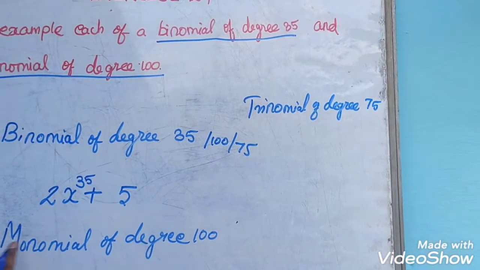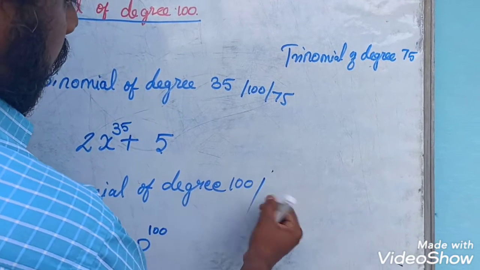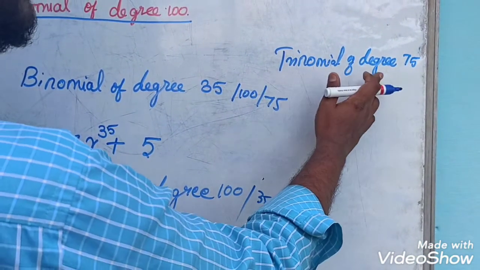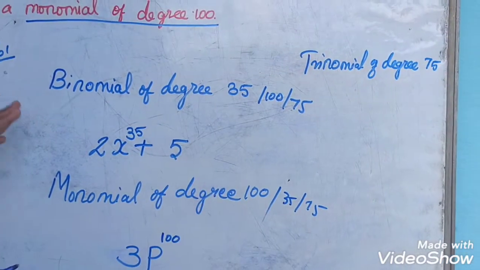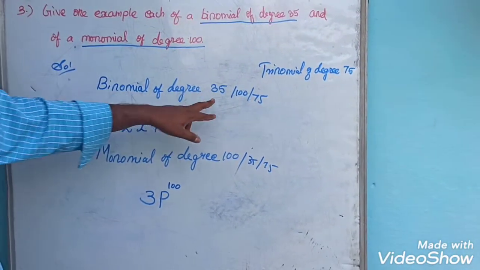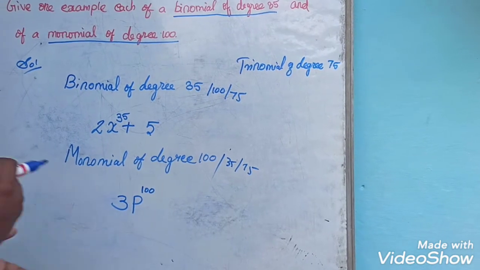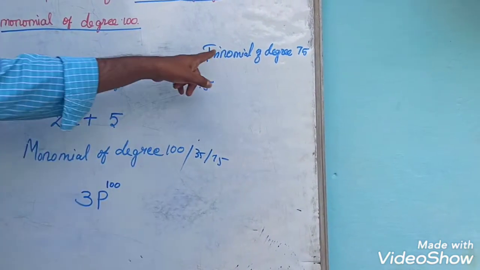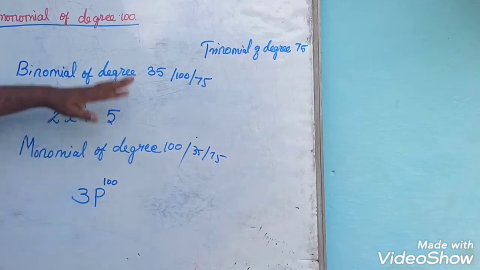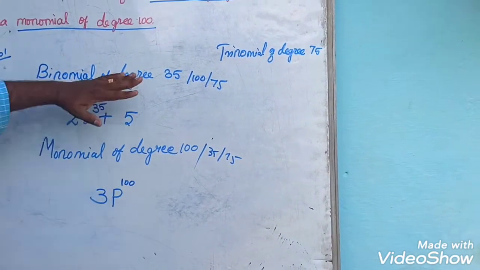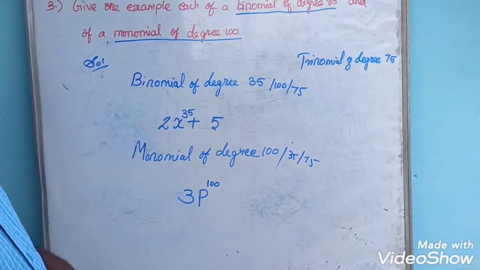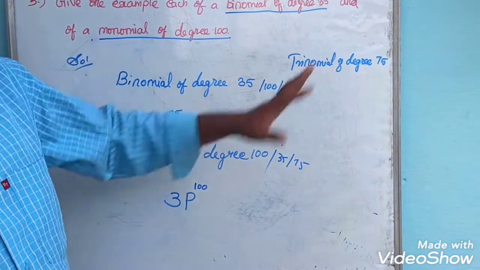In the same way, monomial of degree 100 and also 35 and also 75. The trinomial only of degree 75. Already I told you one example for 35, again you have to repeat it. Each with three examples, not at all five examples. So three examples for binomial, monomial and trinomial.